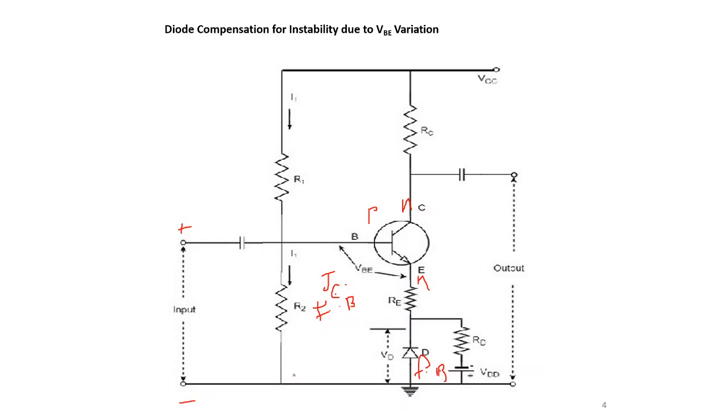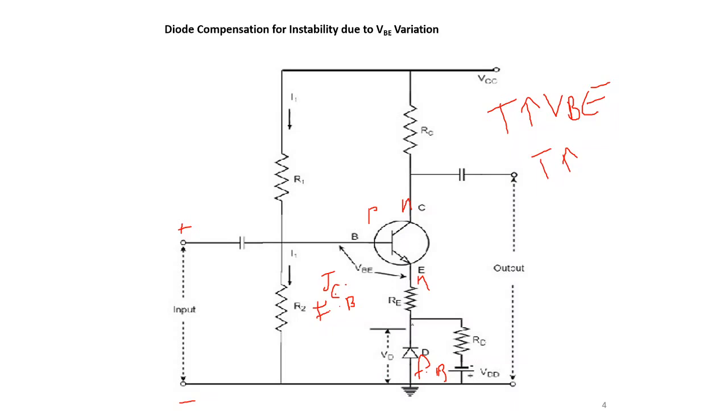Next, we are going to concentrate on how much the variation is. So what happens is, whenever the temperature is going to be varied, the VBE voltage is going to be varied, right? The same amount of voltage will be varied whenever there is a temperature variation. Same for the total circuit, same temperature variations will be there.